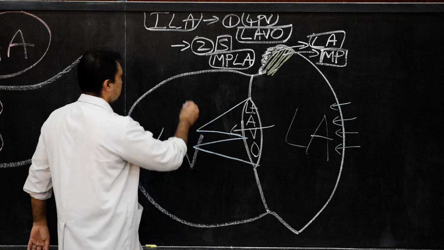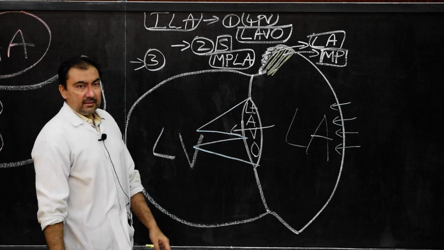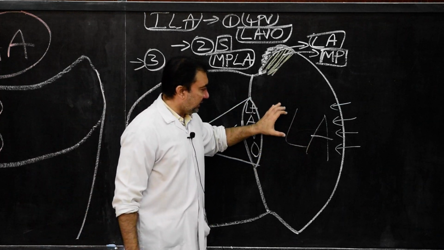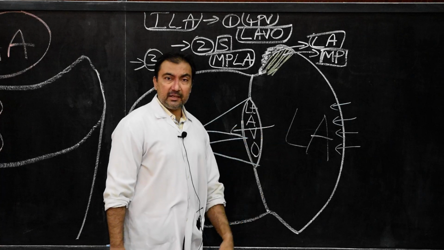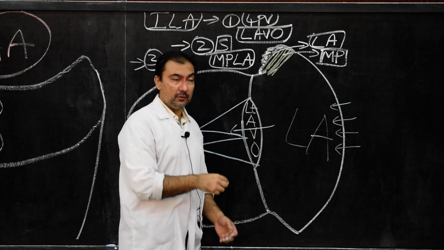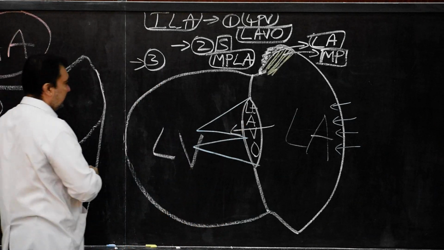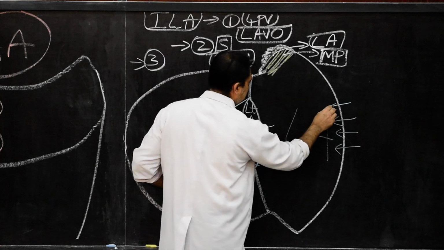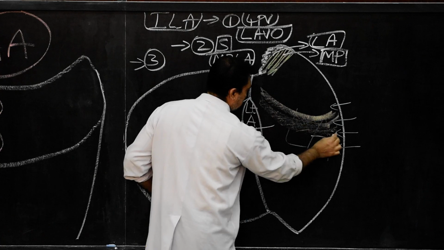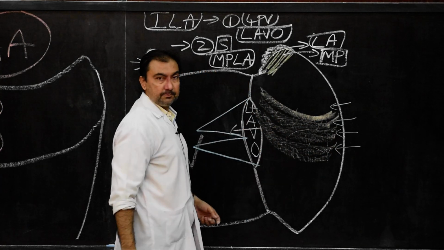Now the third point. The third point will be, if I write over here, the septal wall. The septal wall of the left atrium will have a concave semilunar surface or concave semilunar fold, and that fold, if I show it, is having concavity upwards. So here, this is the concave semilunar fold.